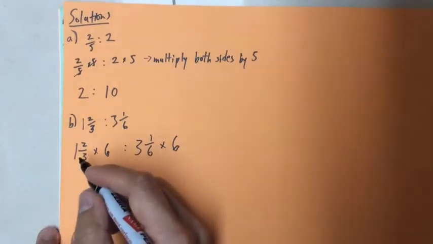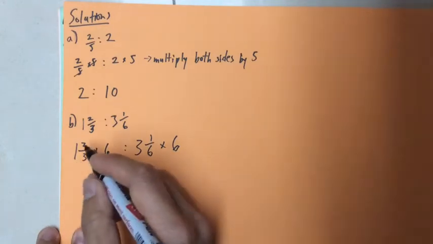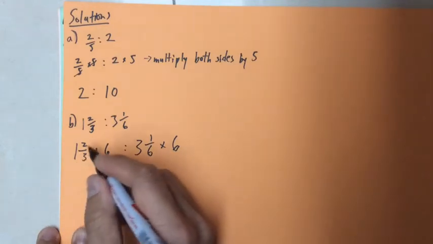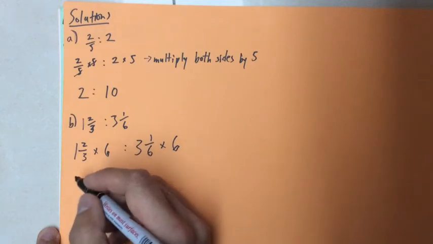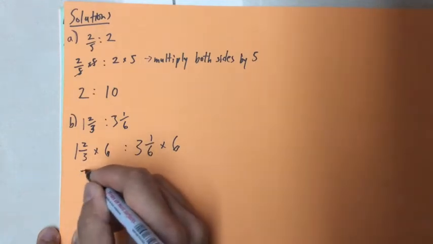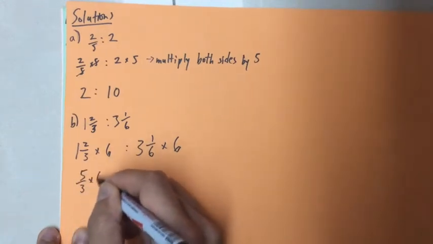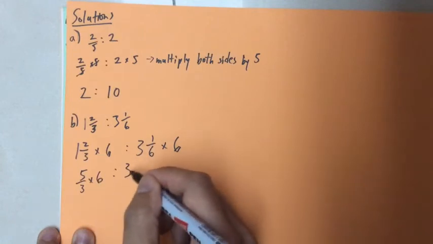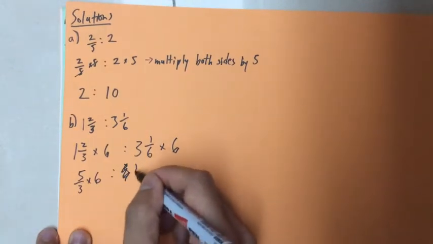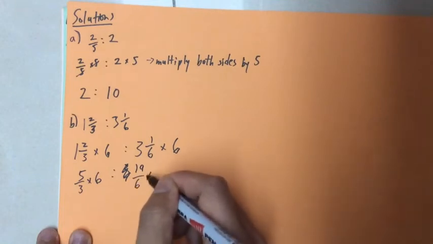Okay, in this case, we might want to rewrite these as improper fractions. So we have 5 over 3 times 6, and 19 over 6 times 6.